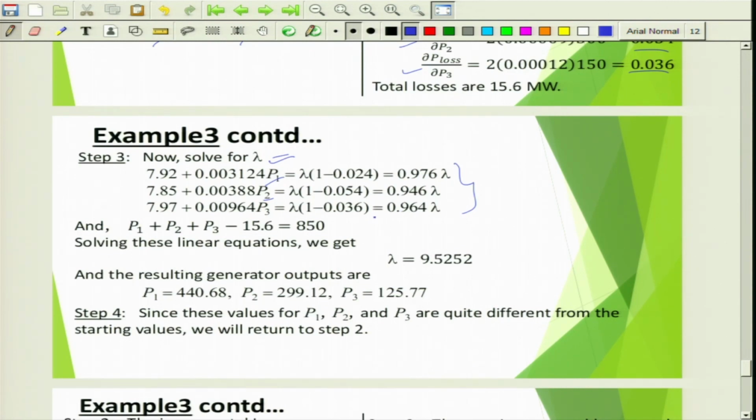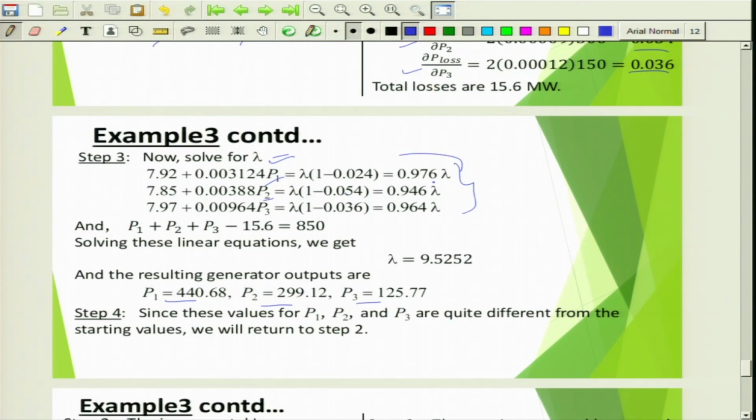Then once you get the lambda, again obtain the generator values. Initially you assume something, then you find out the incremental loss, you find out the total loss, then find out the lambda. Then after you obtain the lambda, you apply it to the same expression here.